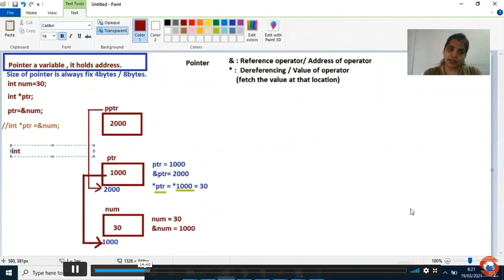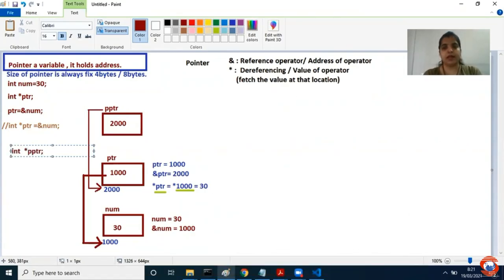Yes. So I will declare integer pointer pptr. यहां तक समझ में आया? Everyone?